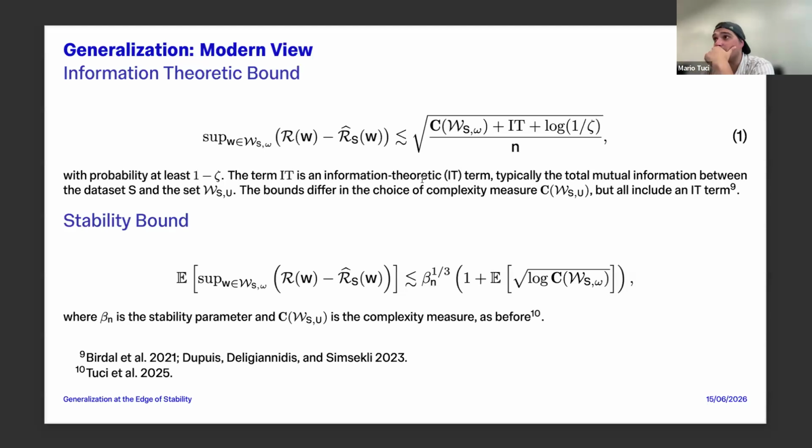So this view is quite complex. There was some progress, for instance, which showed worst case generalization gaps in this kind of form. I will not go into detail. What it says is we have here a quantity, which is like a complexity measure of my random set, which I can think of as a trajectory. And then here's an information theoretic term, which is interesting because we can't really bound it, but it doesn't play a huge role at the moment.